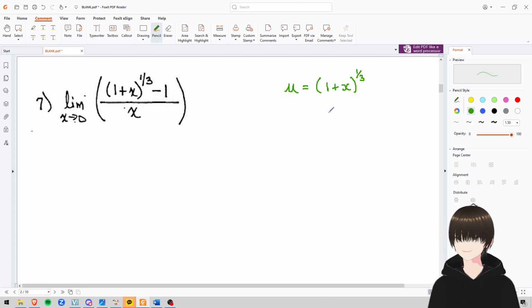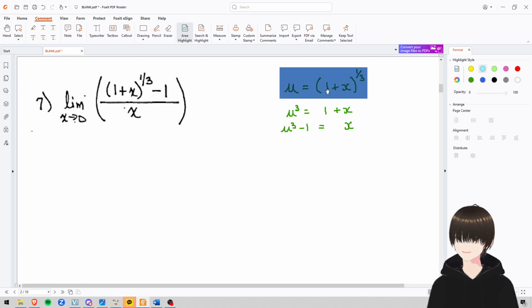What does that mean for x? Well, I'm going to have to simplify and isolate x. I'm going to cube both sides. So this is u cubed equals 1 plus x. And that means x is equal to u cubed minus 1. Okay, so this is going to be my substitute for one of them.